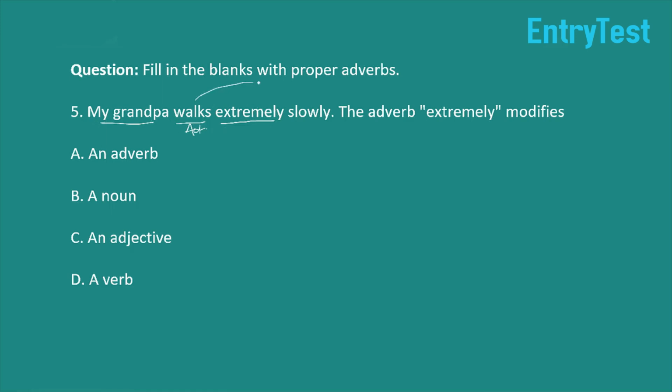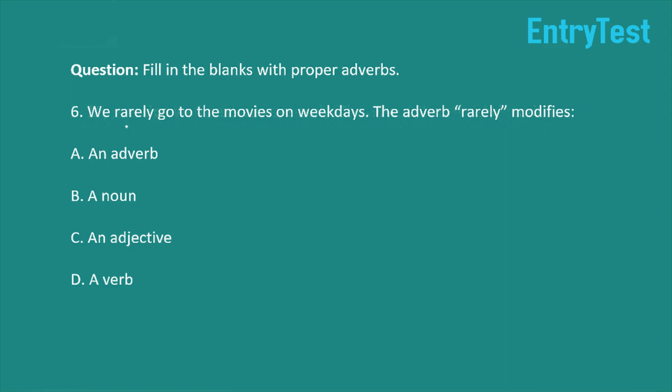The action is being performed slowly. But now this adverb is being described by extremely. Hence, extremely is an adverb and it is modifying slowly, which is also an adverb. So extremely modifies an adverb. Correct answer is A. Friends, I hope it is clear to you. If not, please do comment.